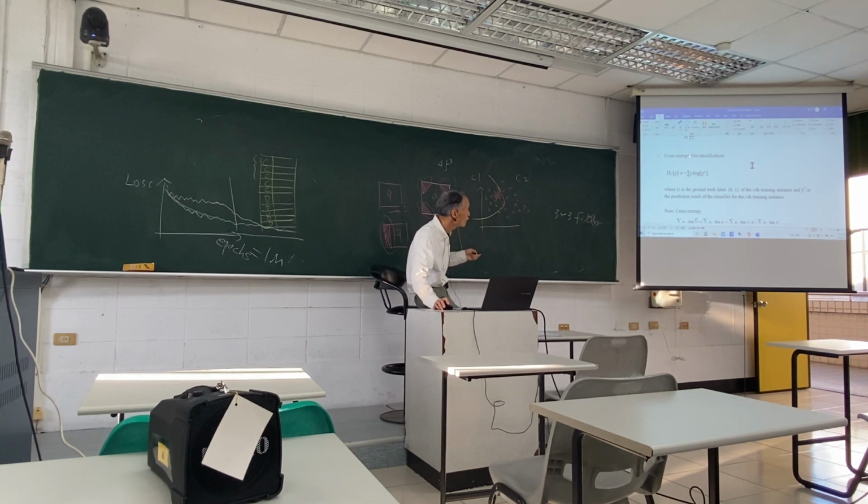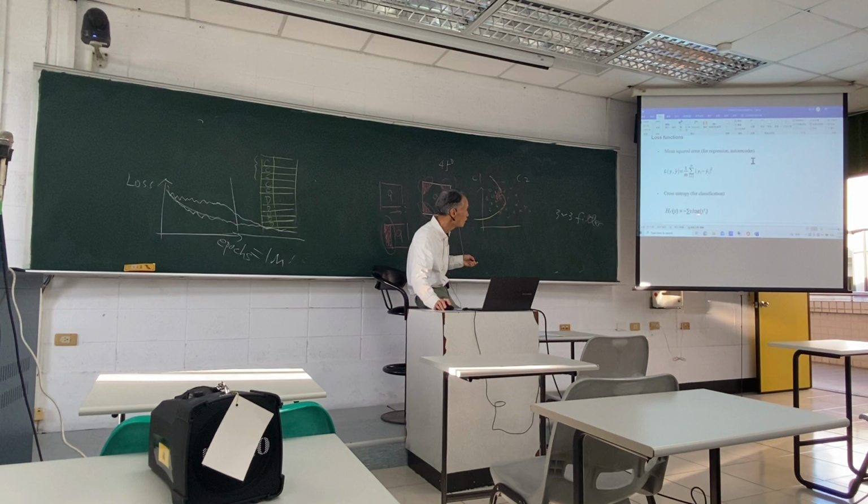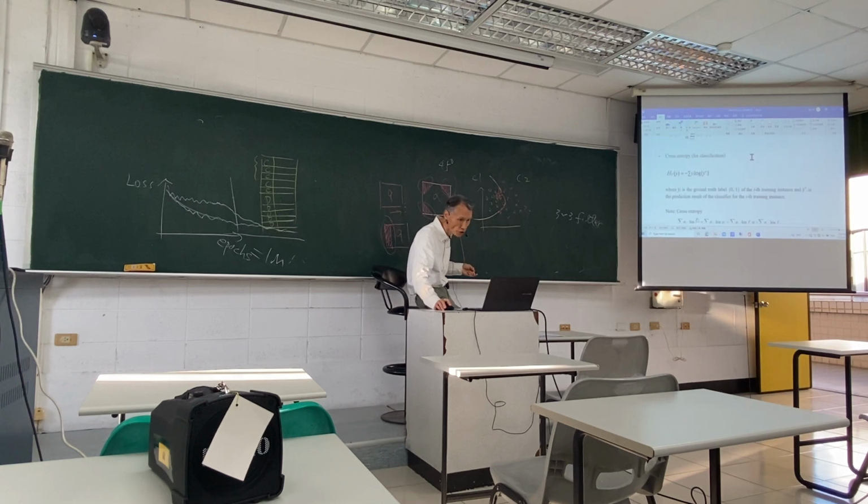Okay, you have two choices, especially for classification, even for image segmentation. Usually for image segmentation, we go for the mean square error, but you can think of segmentation as pixel-wise classification, so that you can still use the entropy.